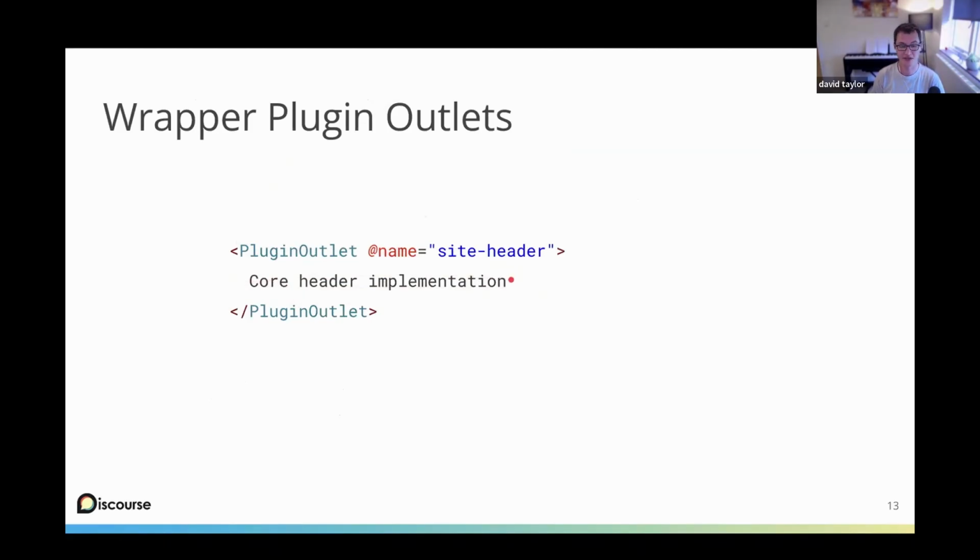And then if a theme or plugin registers a connector, it completely replaces what Discourse core is doing. So that's used for themes and plugins that want to completely overhaul entire parts of the Discourse UI, which is pretty handy. And then this one doesn't have any arguments, but it could just as easily have arguments. So that provides our kind of API boundary there for the information available to themes and plugins.